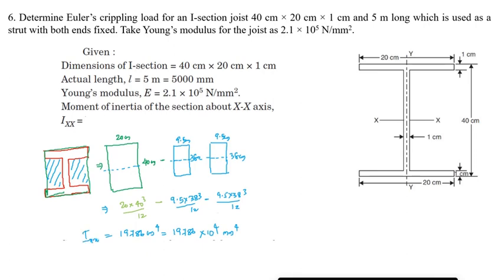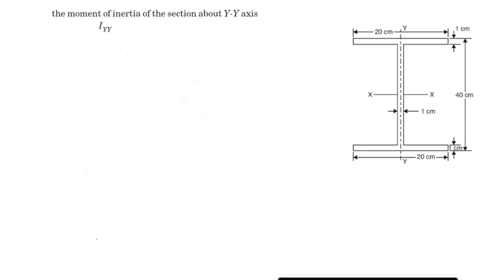Similarly, you can find the value for Iyy. You can see the YY axis is coinciding with the center of gravity. So the basic thing I need to do is just divide into different figures as you have studied in your previous semester.